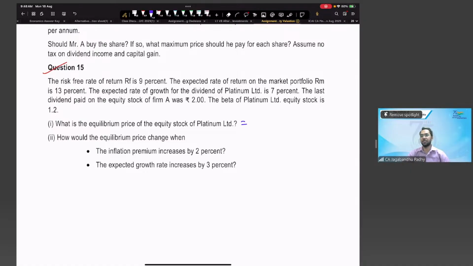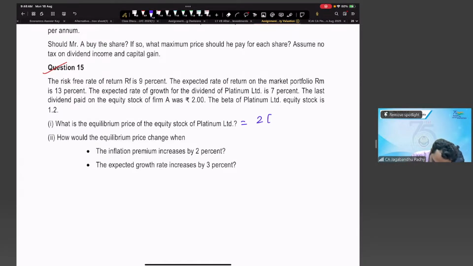All the information is given in the question. You just need to substitute it. Yep. What's the answer?